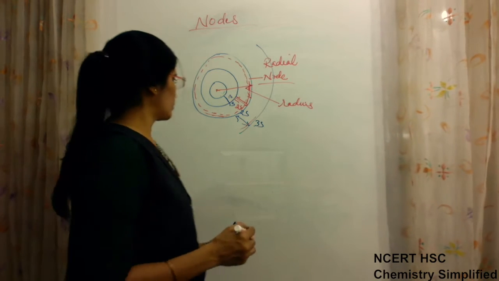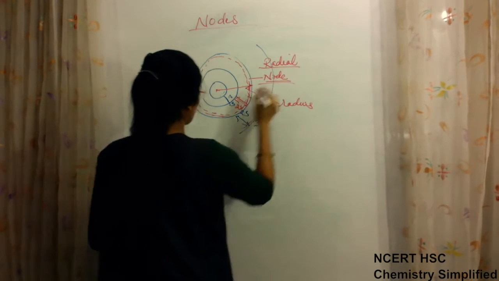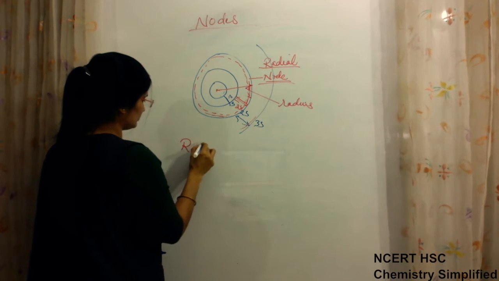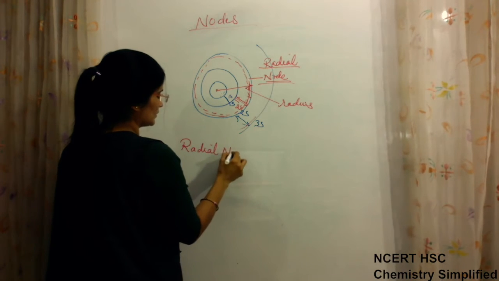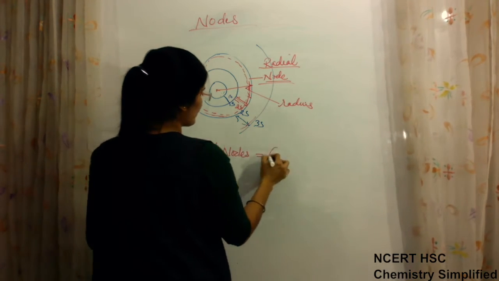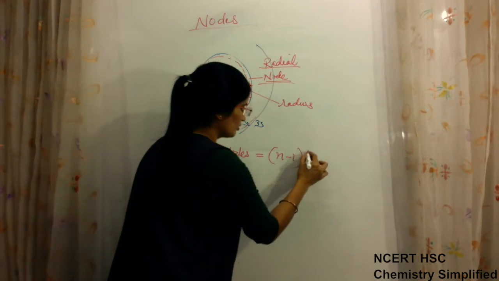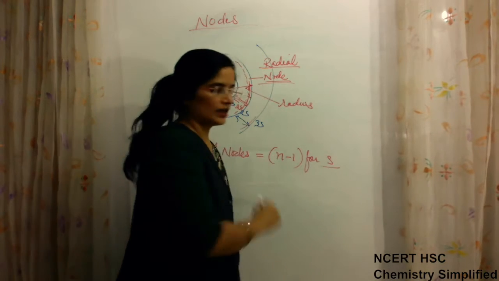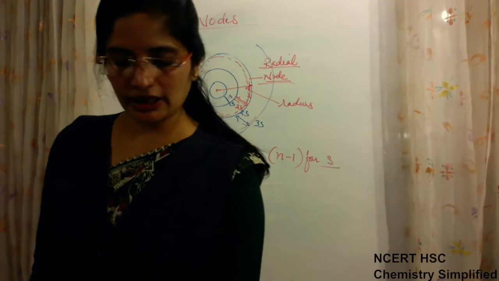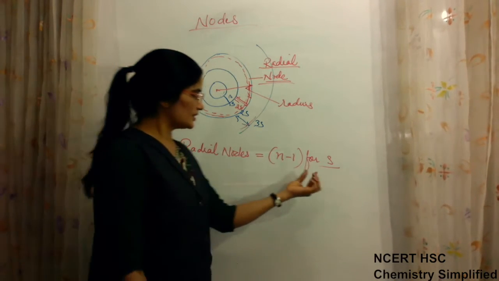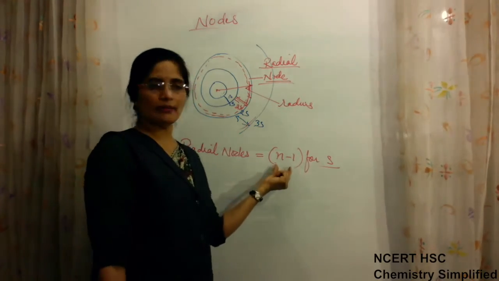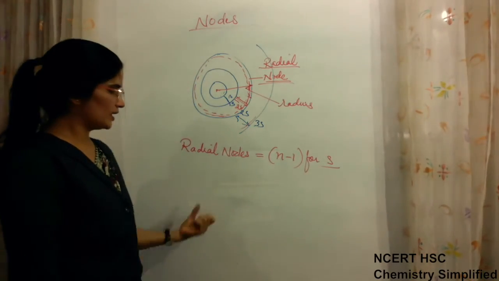What are those formulas? So when we talk about radial nodes, how many radial nodes will be present is found with the help of n-1 for s. In an s orbital, how many nodes will be present? This is decided by the formula n-1. Okay, how?